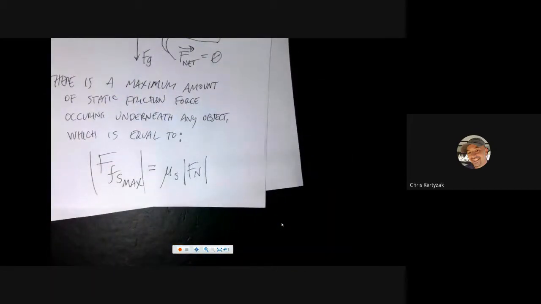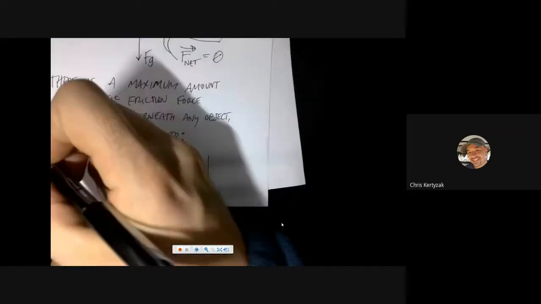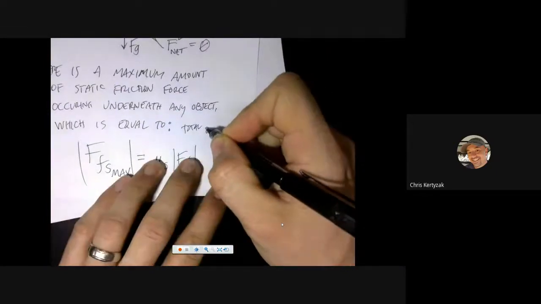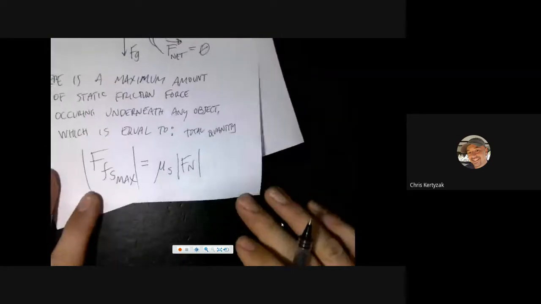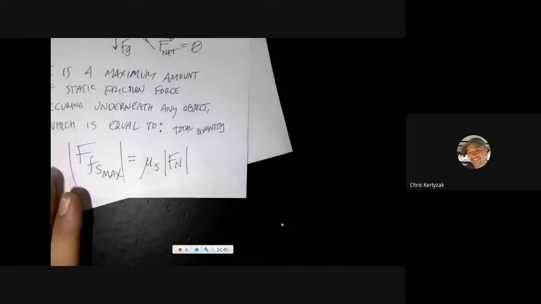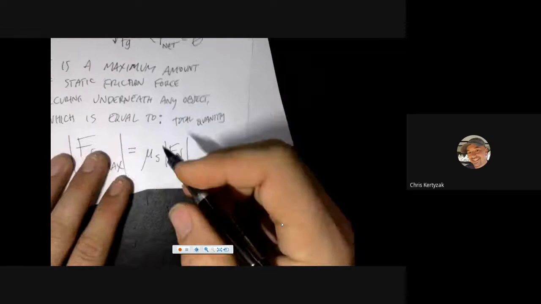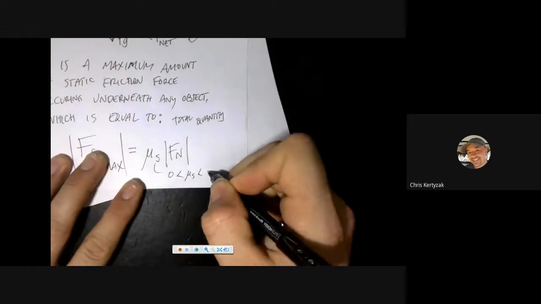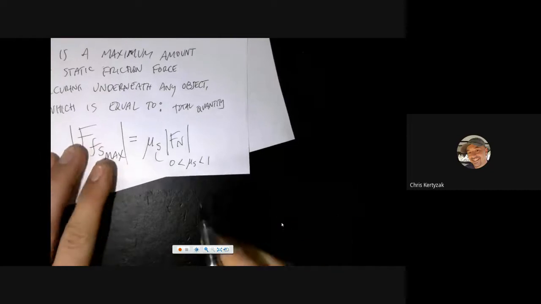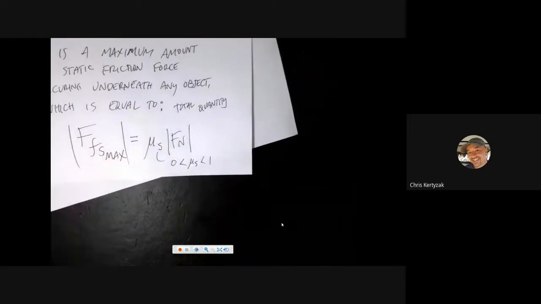It can be in any direction, and I'll talk about that in a minute, but the total amount of maximum amount of force is equal to the coefficient of static friction, again, usually a number between 0 and 1 in most cases. So I've indicated that underneath, that mu_s is usually between 0 and 1 most of the time.